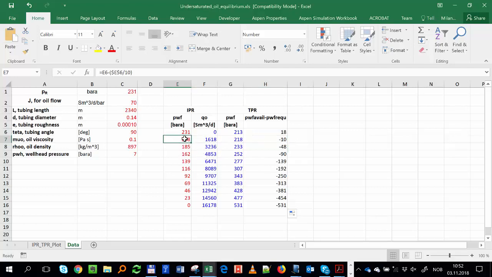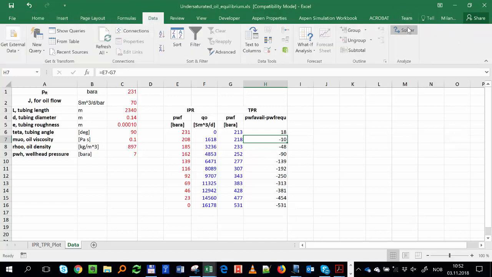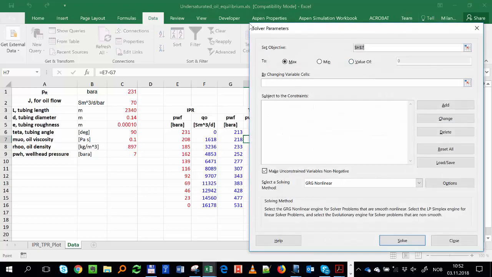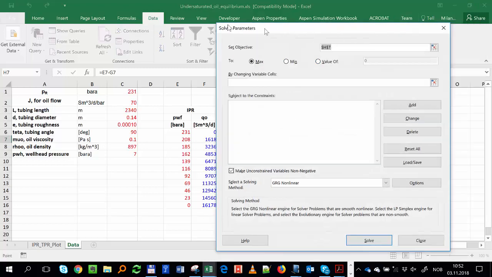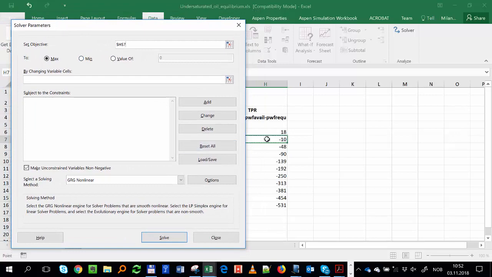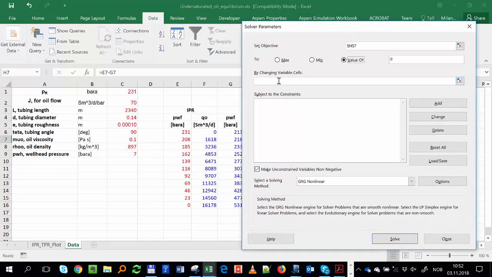So let's change this number, right, with solver. We will change this number to drive this one to 0. Okay, let's see if it works. Data solver. I want to drive the difference to a value of 0 by changing this pressure.